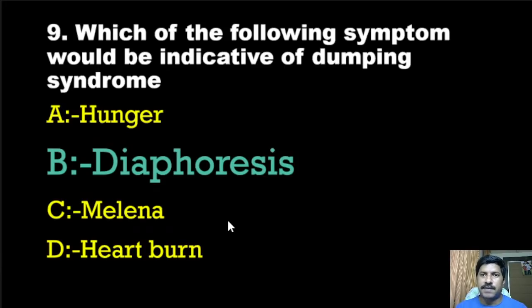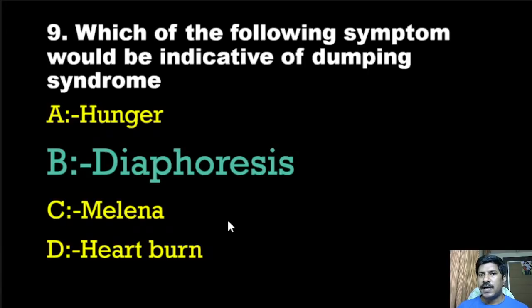But in dumping syndrome, the food particles reach the small intestine directly, causing a surge of glucose and carbohydrate material, and it will stimulate the production of a large amount of insulin. This large amount of insulin will cause immediate hypoglycemia.